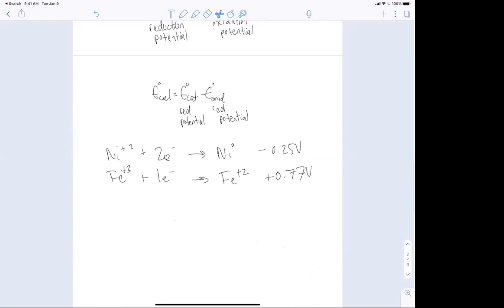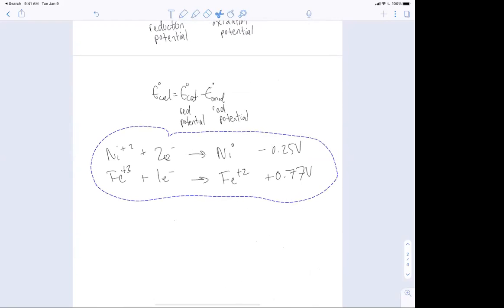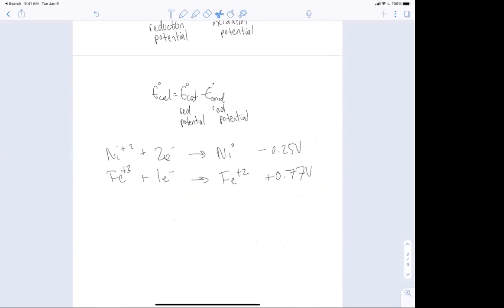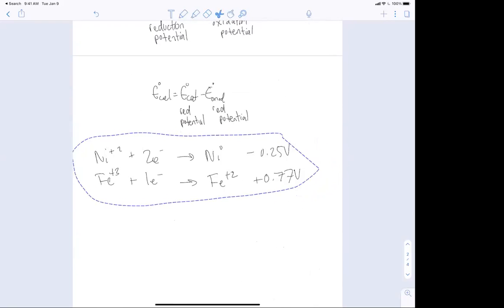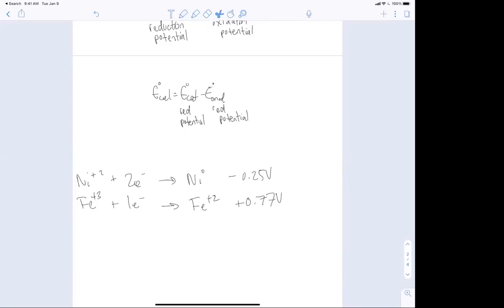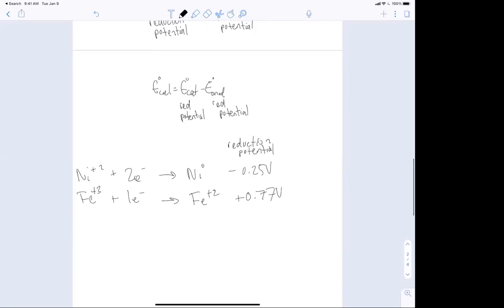So in both of these cases, these are both written as reduction potentials. So I would write that out as this.